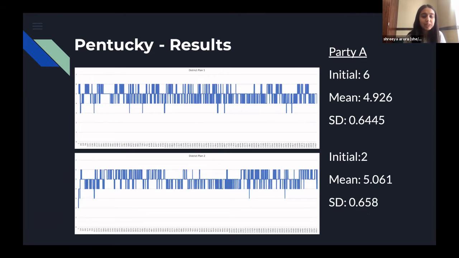And again, for districting plan number 2, which initially started with Party A only having 2 of the seats, once we ran the trials about 20,000 times, we got a mean of 5 again. So we can see that according to how the precincts are arranged and looking at the voter registrations, the mean number of districts that Party A should have is 5 out of 6, meaning Party B would get the remaining district.